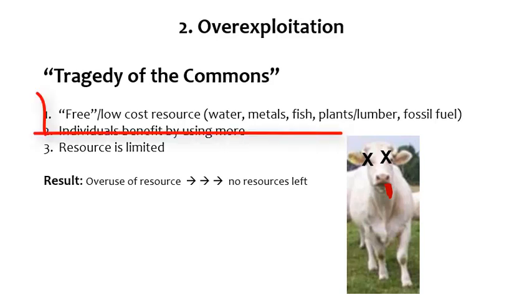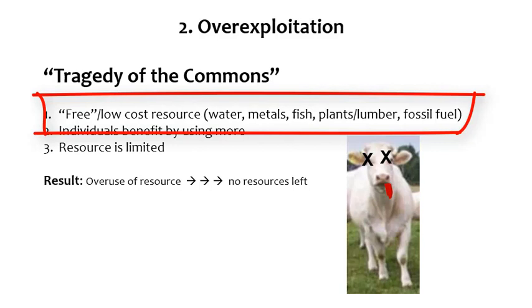First, there must be a free or low-cost resource. That's any price below the full sustainable cost. Many of us pay for water, for example, but it's a much lower price than the water is actually worth. This is because water is required for our survival, hygiene, cooking, etc. There are public subsidies to reduce the price.